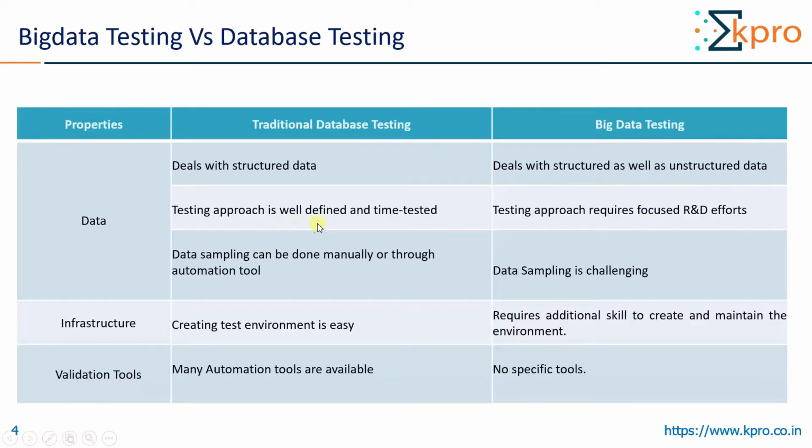Testing approach is well defined and time tested in database testing since it is there from long time, whereas big data testing still it is new and requires R&D efforts. Data sampling in case of database testing is easily done, but in big data testing it is challenging.